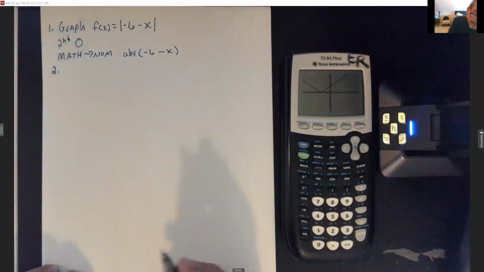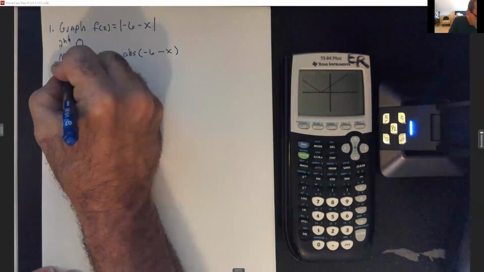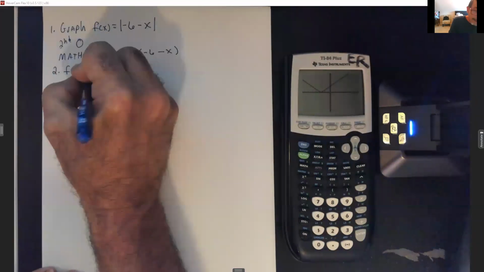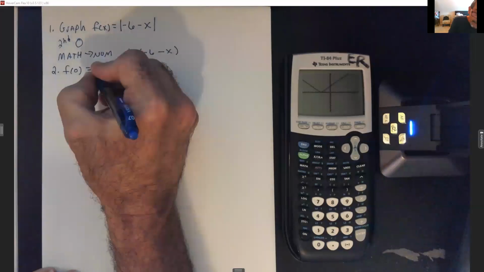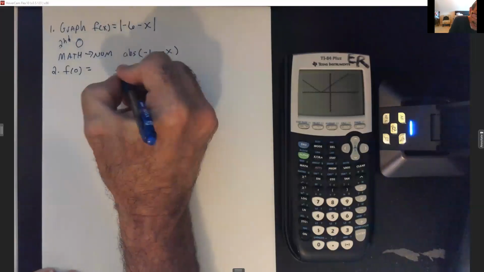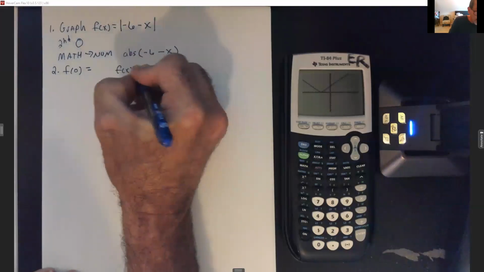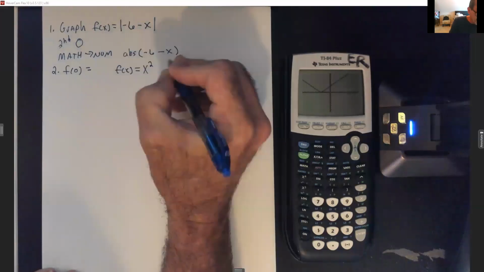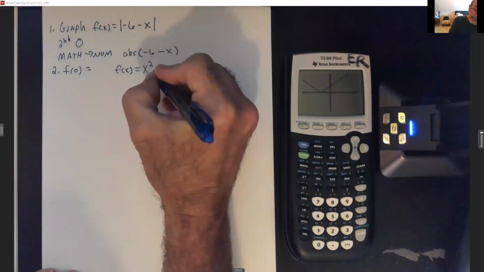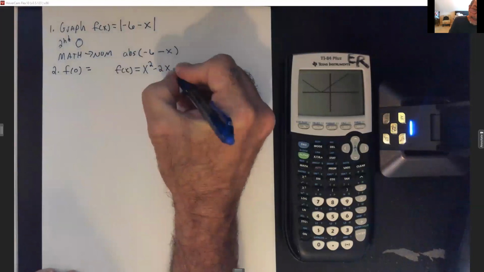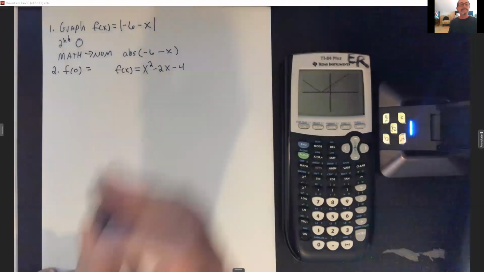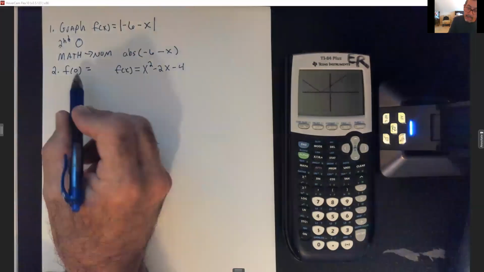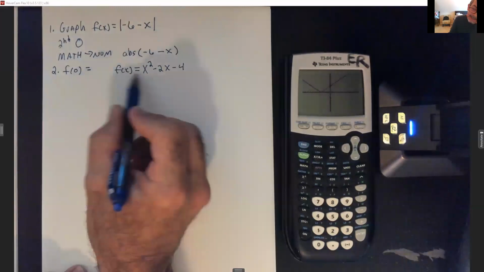All right, number two wanted me to find f of 0. And my f of x is going to equal x squared minus 2x minus 4. All right, so f of 0 wants me to put a 0 in for the x's and solve it.